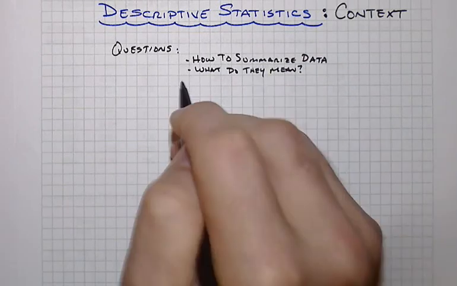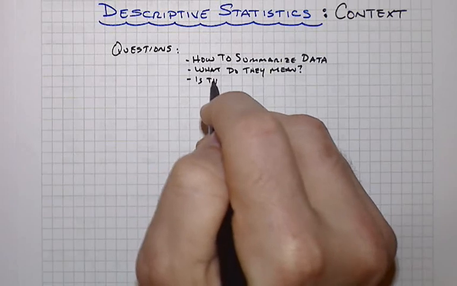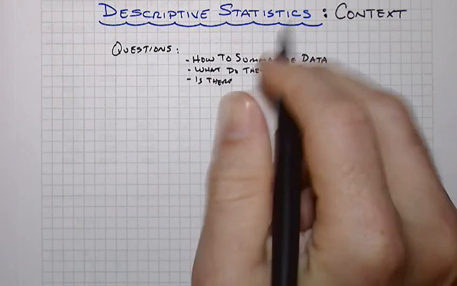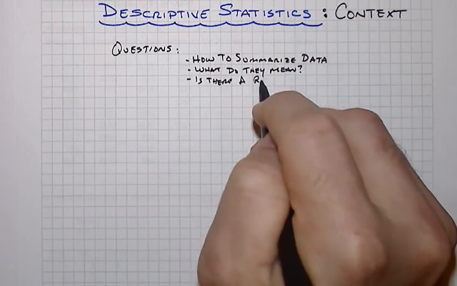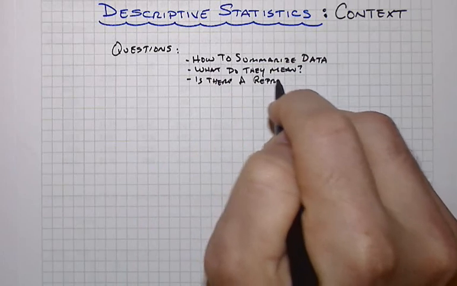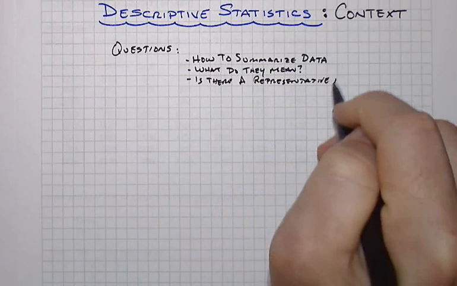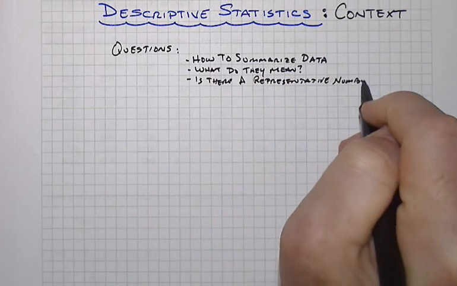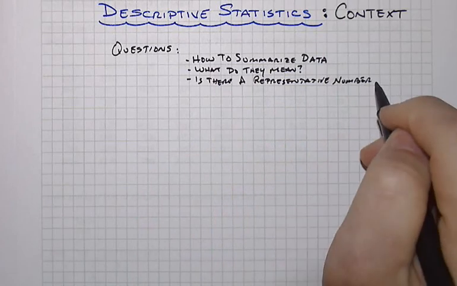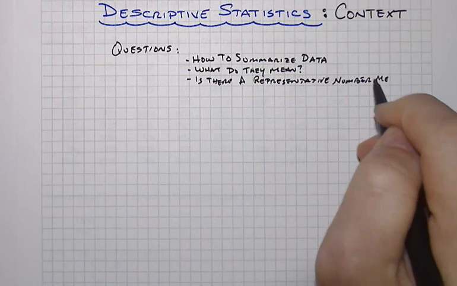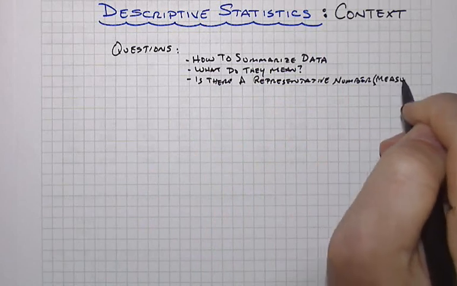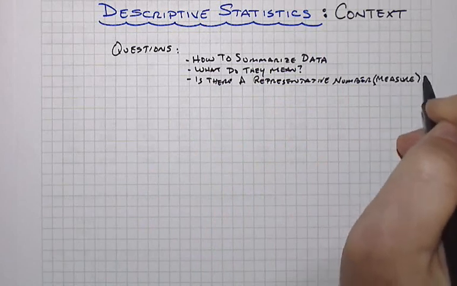and is there a representative number or some sort of representative measure that somehow characterizes the data set?